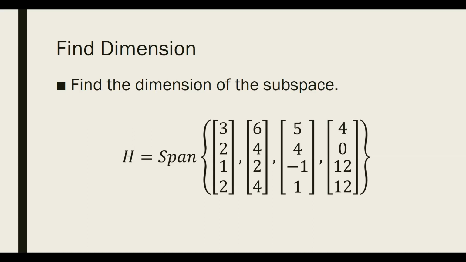So the idea is that we start with a set of 4 vectors, and then we toss out any vectors that are linearly dependent. The way to see that is to utilize the calculator once again to create a 4 by 4 matrix, row reduce that, and then see which are linearly independent based on the pivot columns.